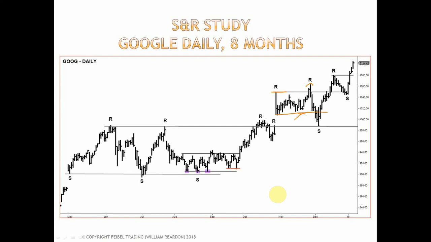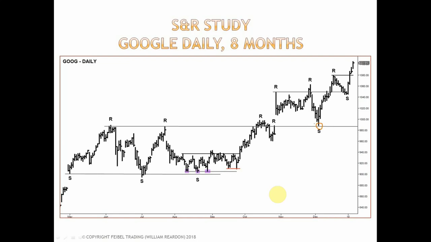This down here is not a spring. Why? Because we need to dip down. When we have a support level, this bar would need to dip down, find no further selling, then reverse to close firm back over support. This here is a test, and it's just testing this support.